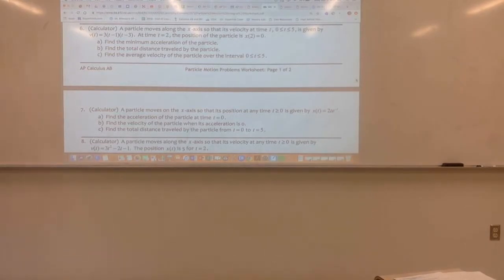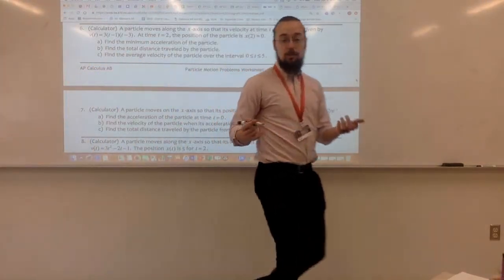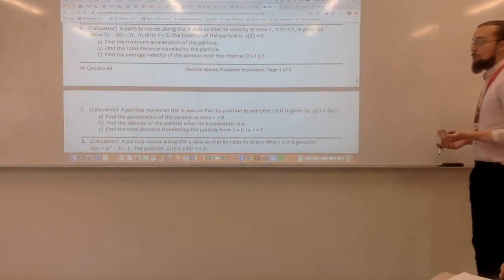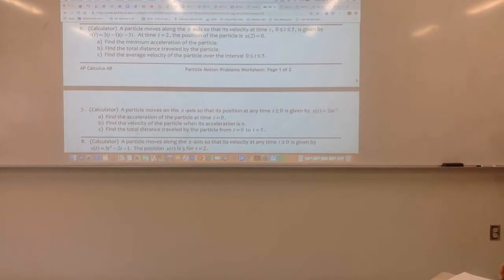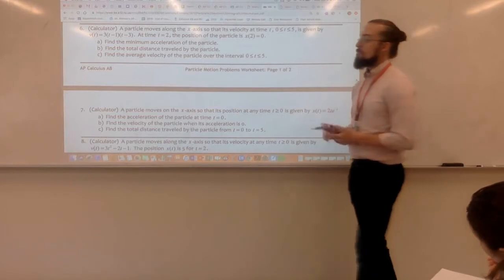So the easiest way might be to take the derivative. So here, we could use a product rule, or it might be easier to just multiply it out, right, and then take the derivative.